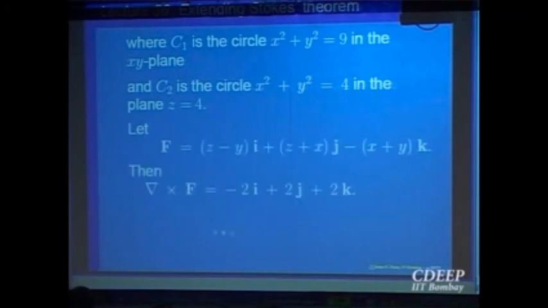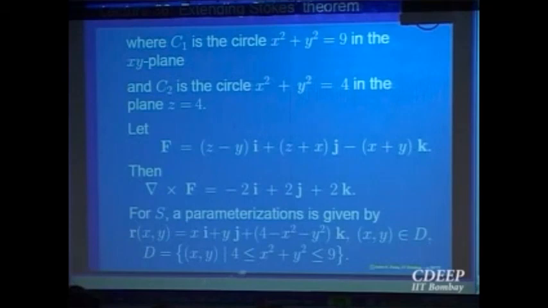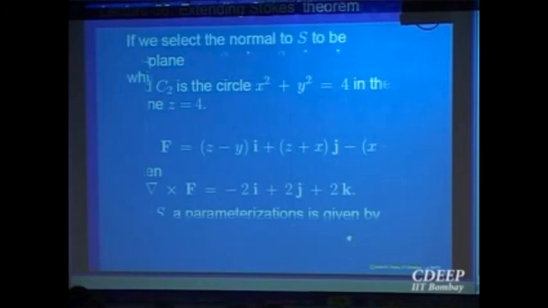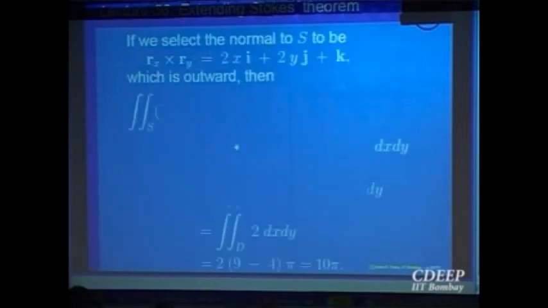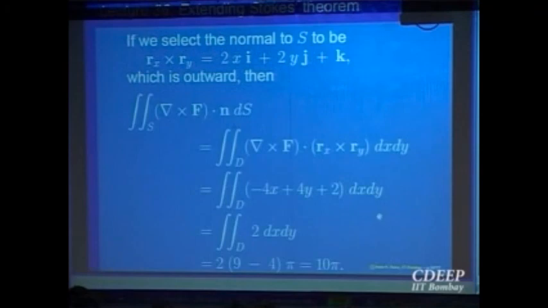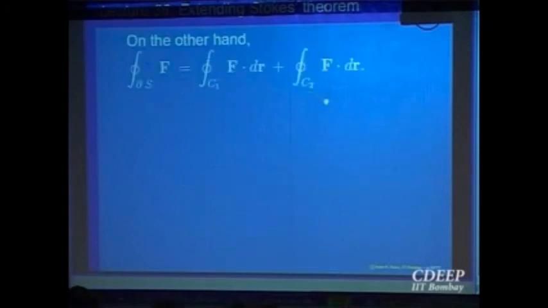So you compute curl f, and the region is the annulus region that I have shown you, between 4 and 9 in the xy plane. If you choose the outward normal and compute, the answer comes out like this. The only thing that changes is the other part, the line integral over C1 plus C2. In C1 it is anti-clockwise, and in C2 it is the clockwise orientation.